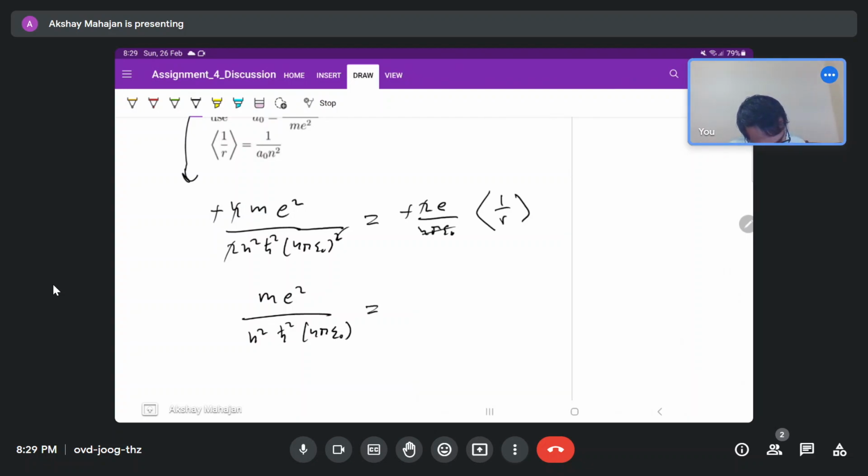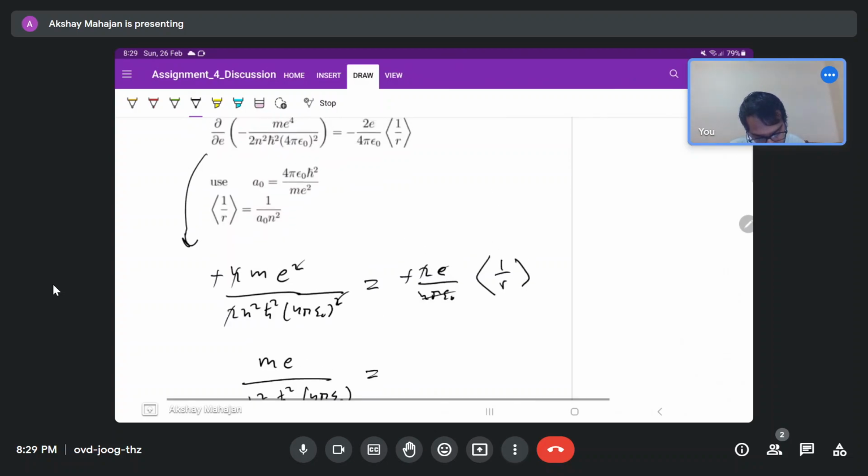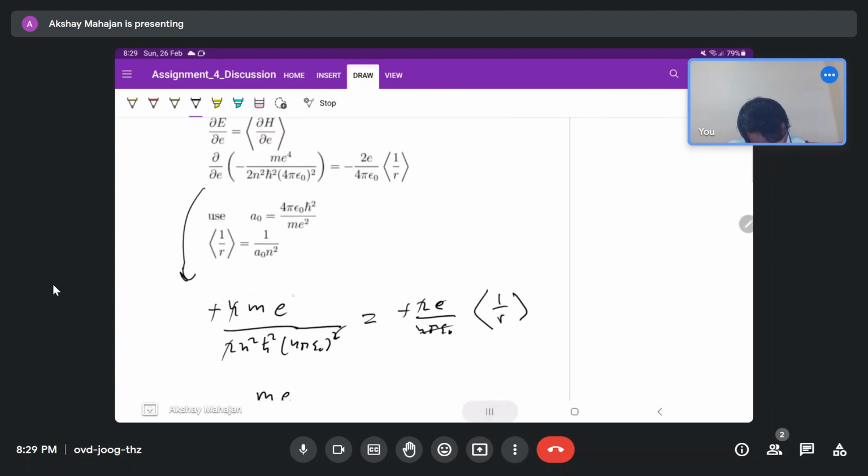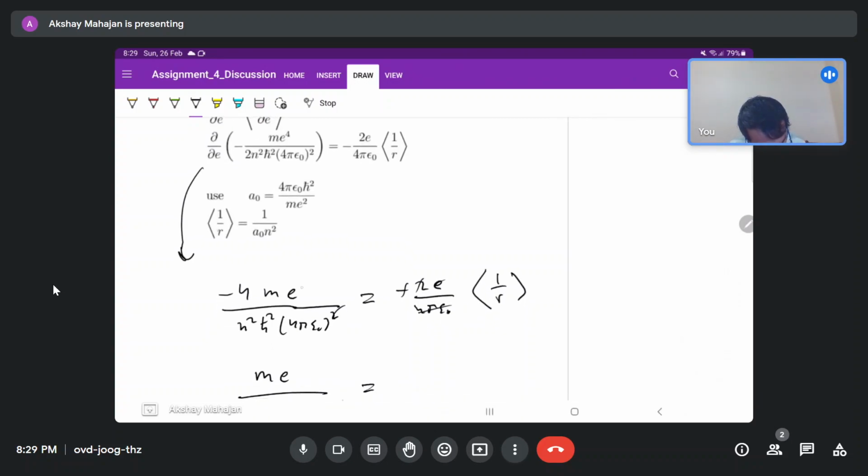cancel this e as well. So we have m e squared there. Let me not cancel this thing. We get minus 4 m e cubed, we have 2, we have minus 2e upon 4 pi epsilon naught.